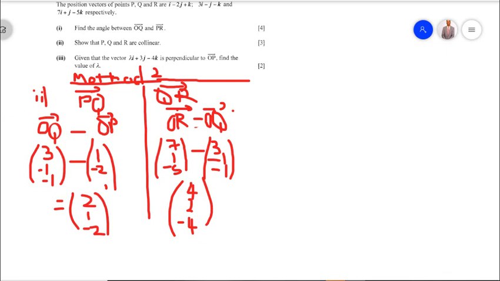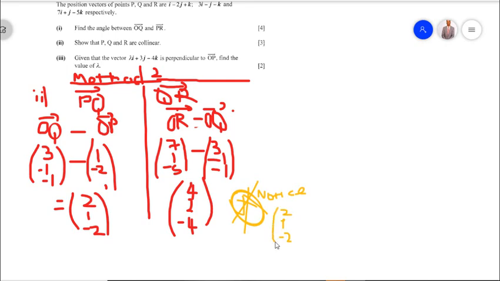Now you notice something unique again. That's the second method. You see that if you multiply PQ by 2, you will get QR.